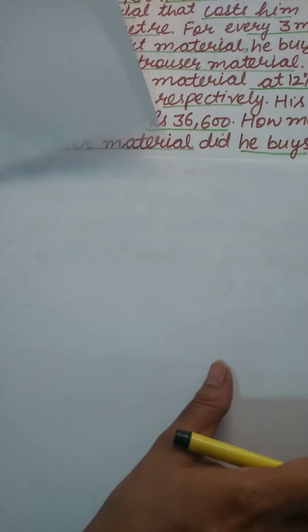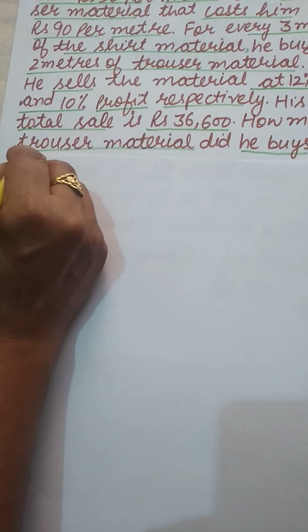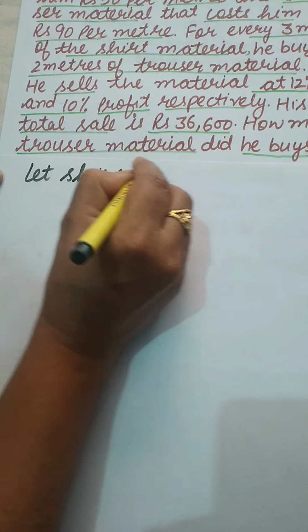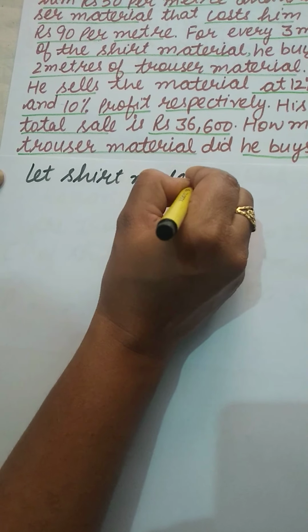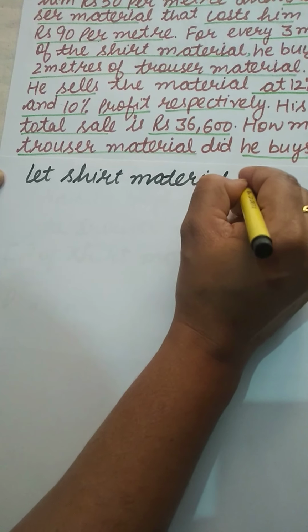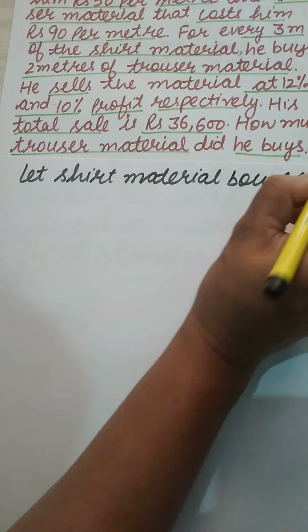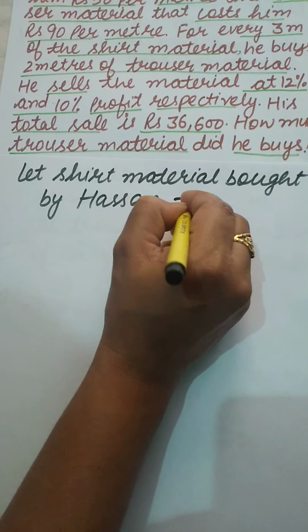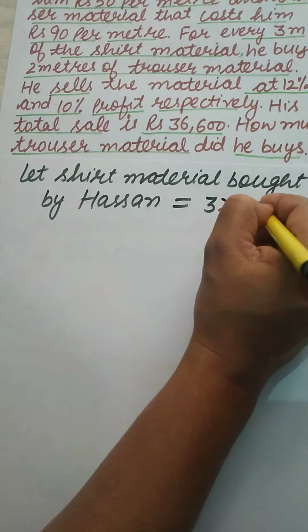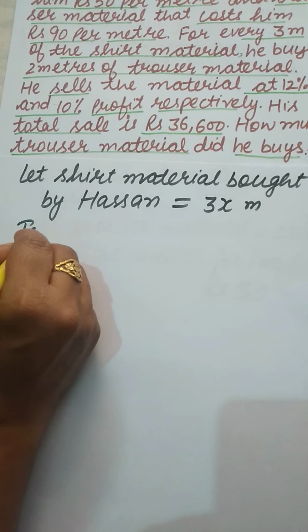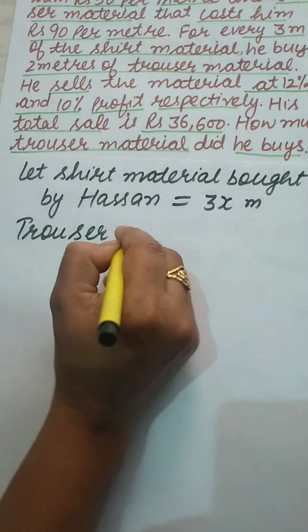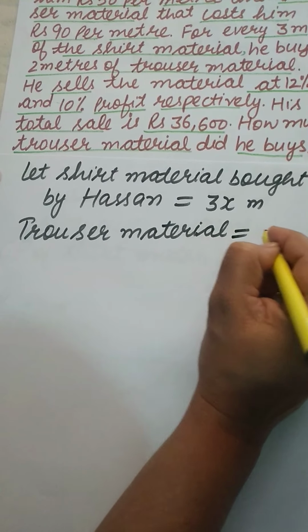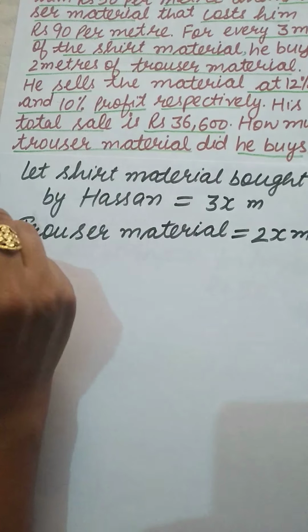So let the shirt material bought by Hassan be equal to 3x meter and the trouser material be equal to 2x meter.